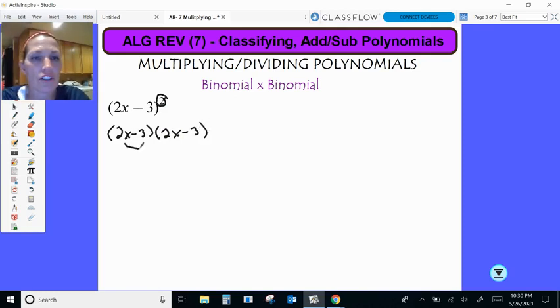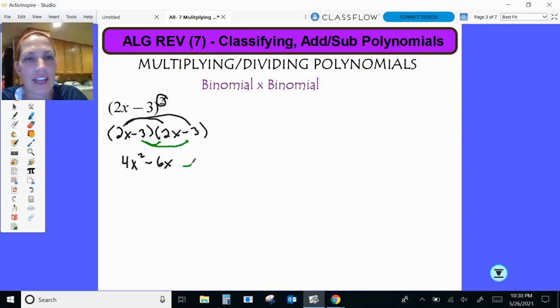Excuse me, I'm going to go backwards here. We've got our 2x times 2x and then 2x times negative 3. So we have 4x squared minus 6x. And then we have the second term we're going to distribute through here, negative 6x and then plus 9. And so we have 4x squared minus 12x plus 9.